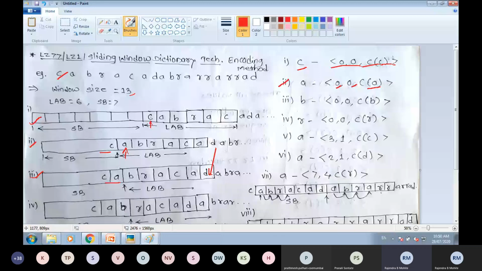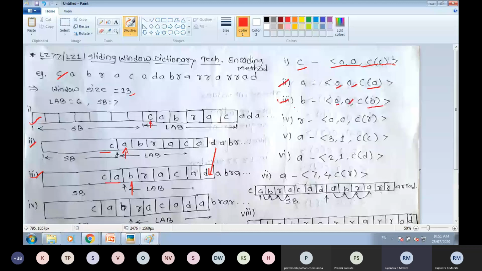Then in the third step you try to find out the match for this alphabet B. Is there any match from the search buffer? No. So for this B, again the offset value is 0, the length of match is 0, and for which alphabet we don't have a match? It is B. So my next sequence is 0 0 C of B.